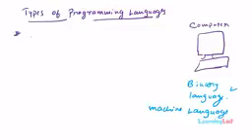The first type of programming language is the language which the computer understands. All of you know that computers can understand the binary language, or machine language, which is a combination of zeros and ones. So the first type is the machine level language.